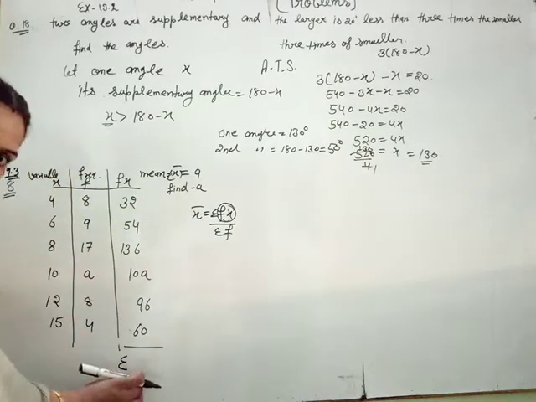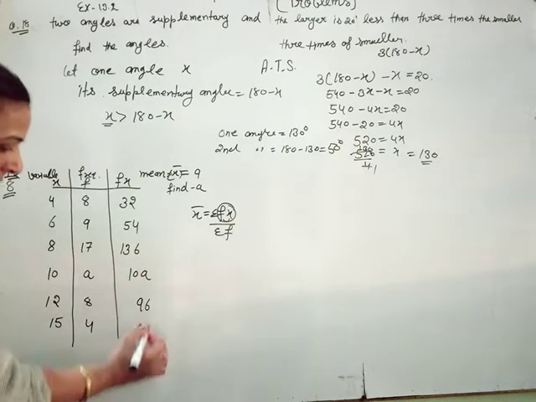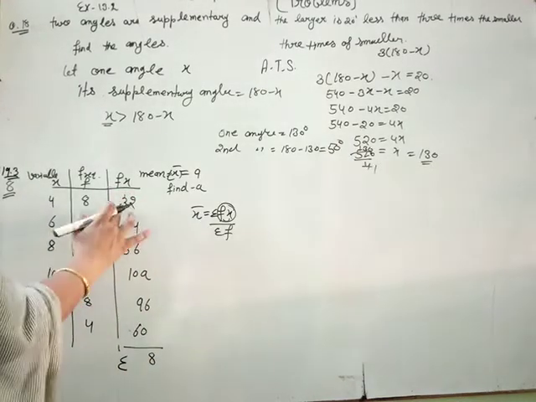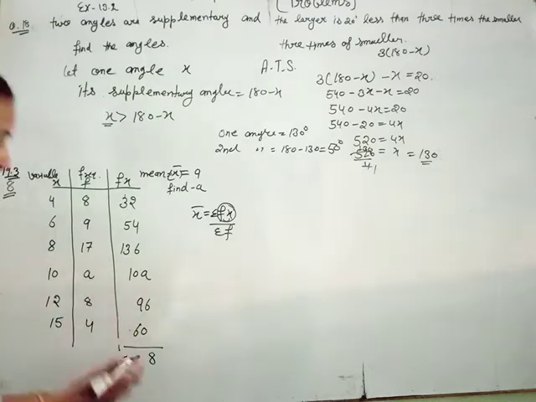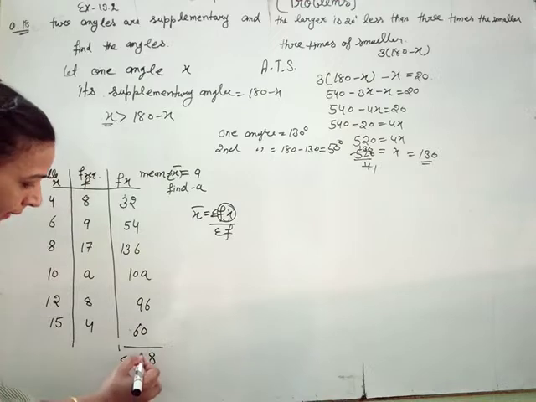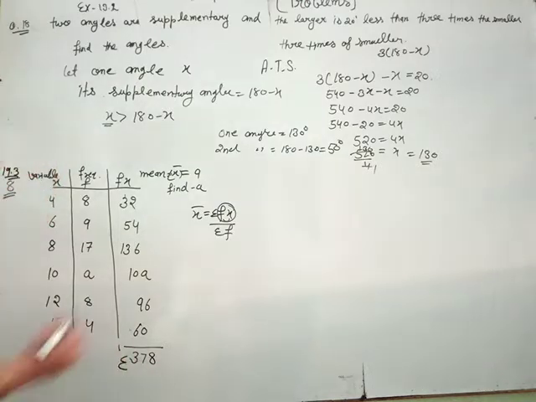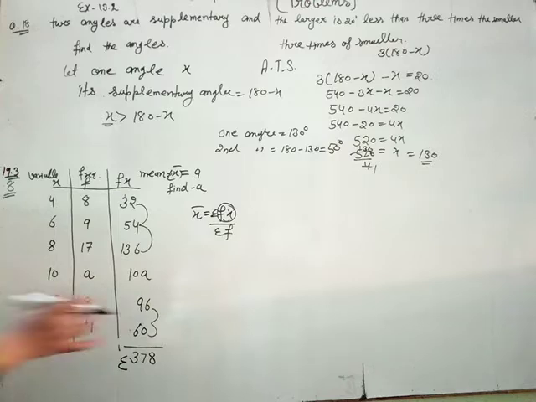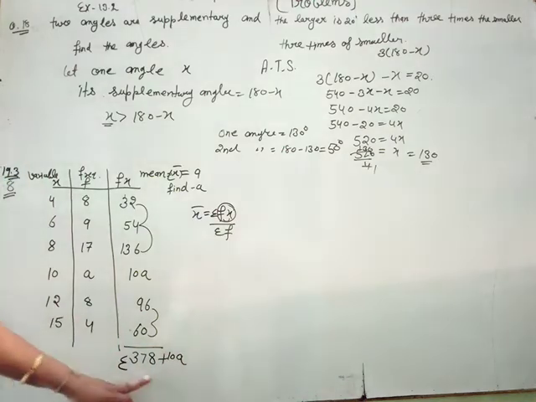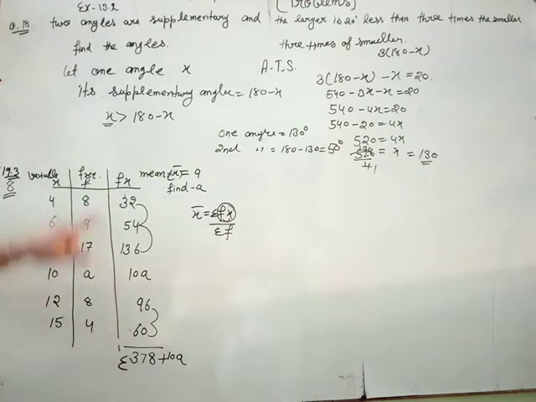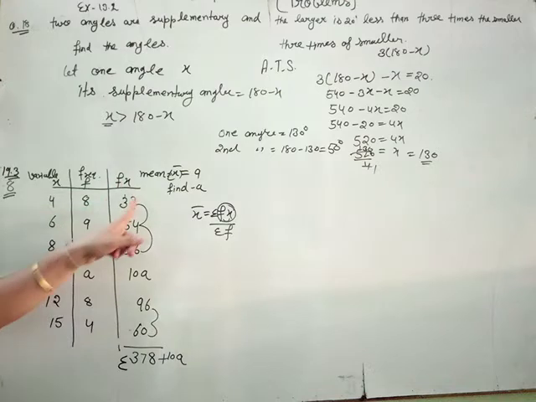Adding these numbers gives 378, and a is unknown, so we add 10a. So summation fx is 378 plus 10a.